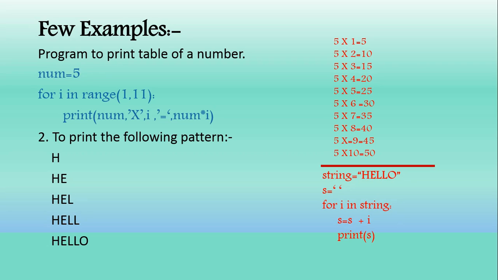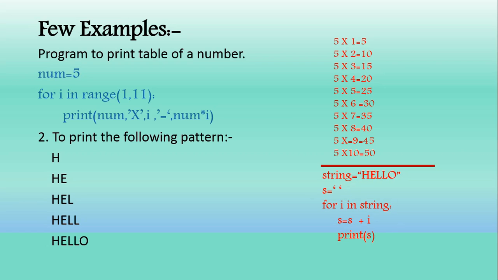Similarly, the second problem is to print the following pattern. You are printing h, he, hel, hell. To print this format you will write the code as written in the slide itself. The string will be initialized as hello. We will take one string which has no value, meaning null.